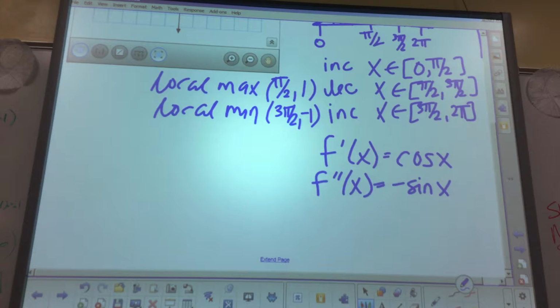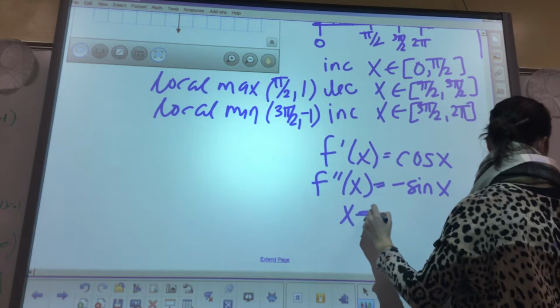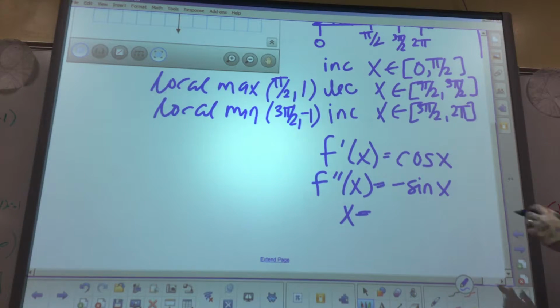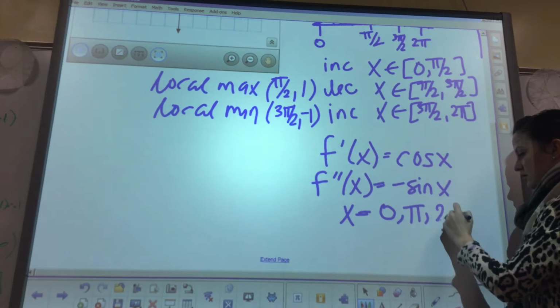So our maximums are now minimums and our minimums are now maximums, but those 0 points stay the same because we haven't stretched or shrunk our function at all. So it's going to be at 0, 2 pi, and pi, thank you, Spencer.